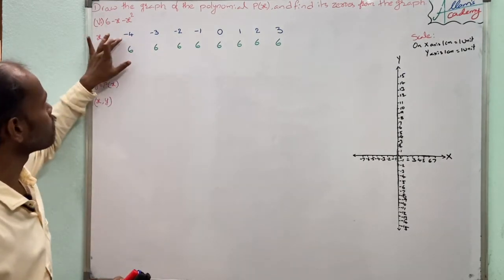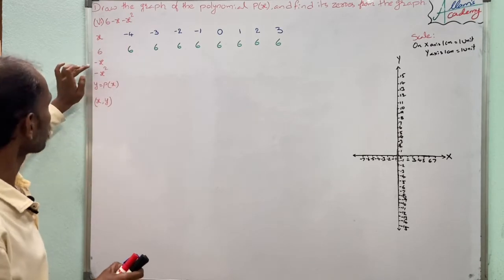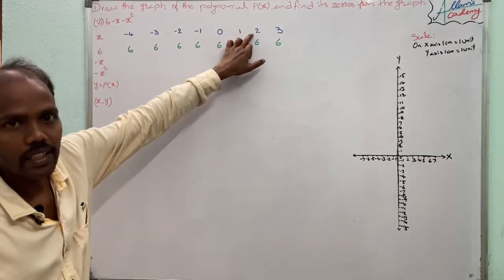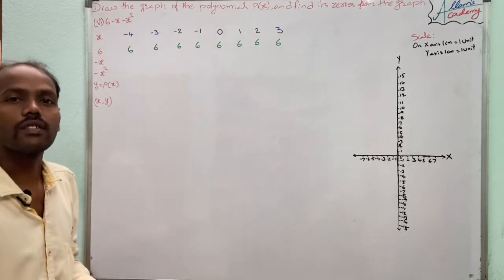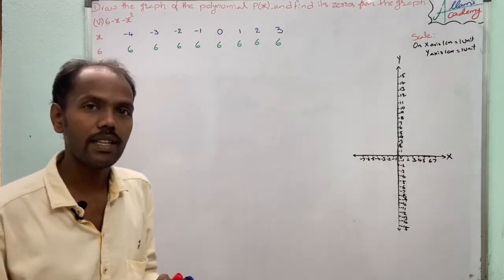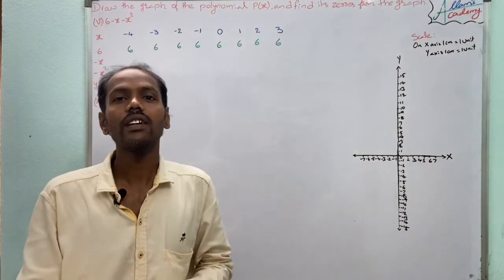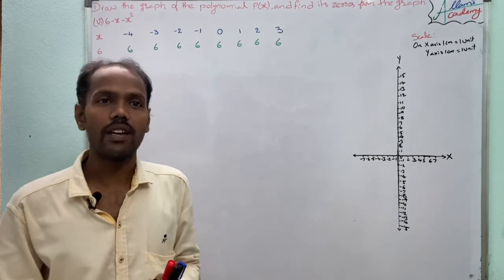So minus into minus is plus, plus into minus is minus, and minus into plus is minus. So simply, the positive values become negative and the negative values become positive.